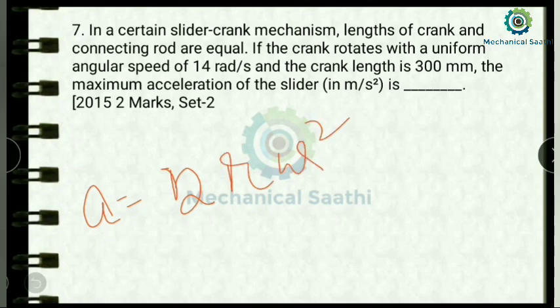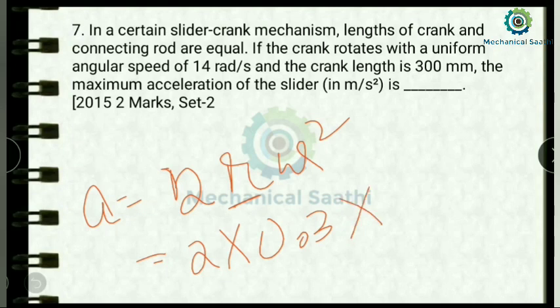Okay, so let us put all those values over here which are given, so that we can calculate the value of maximum acceleration. So the maximum acceleration will be equal to 2, R is given as 300 mm, so let us convert into meter. So we can write 0.3 meter. And omega is given as 14, and let us square it.